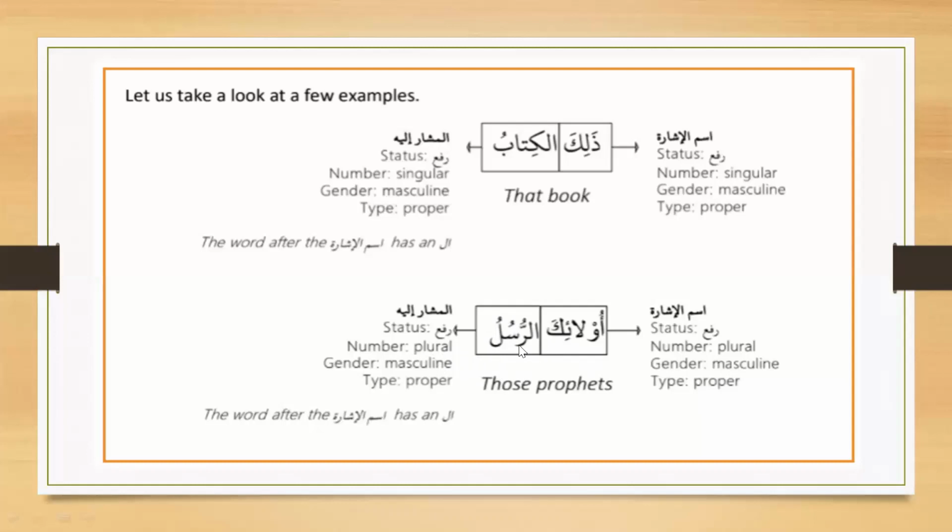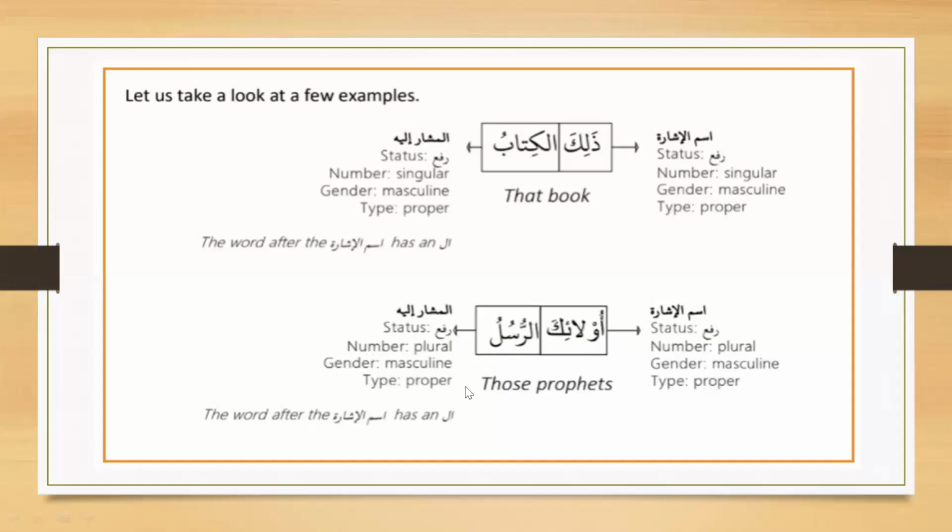Rusulu is a human broken plural. So a human broken plural can be singular feminine and also can be plural. Over here it is plural. Why? Because it is taking the plural ism ishara, right? So it can be treated as both singular feminine or masculine plural.